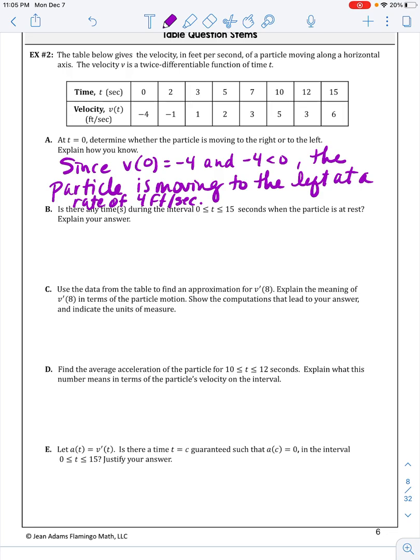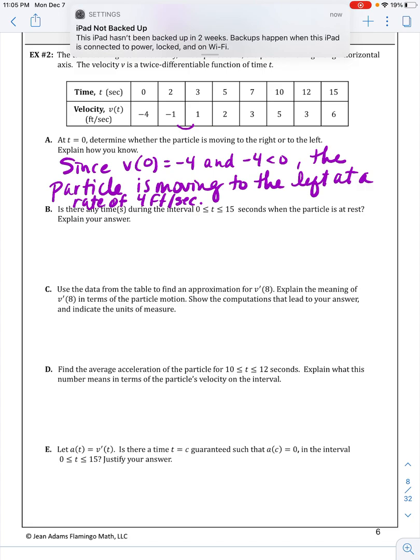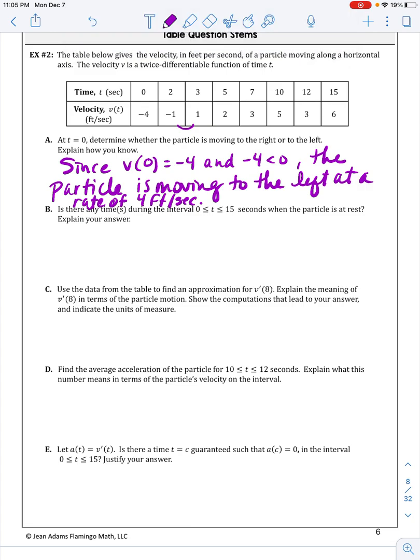And then, is there any time during the interval from 0 to 15 seconds when the particle is at rest? Explain your answer. I do notice that between here and here, it has to go through 0. So I can use the intermediate value theorem, but I have to state that it's continuous.